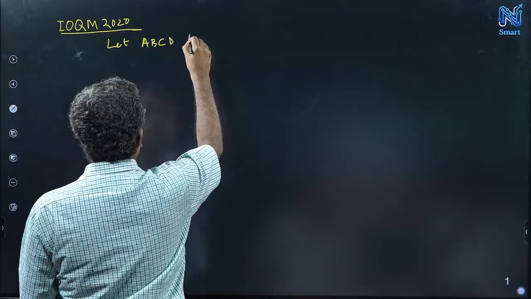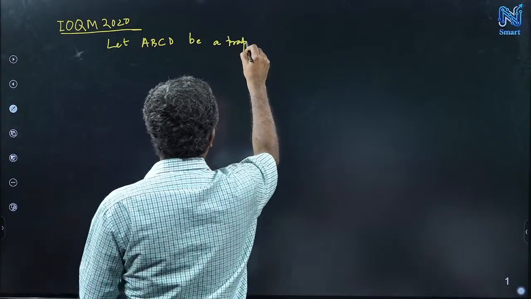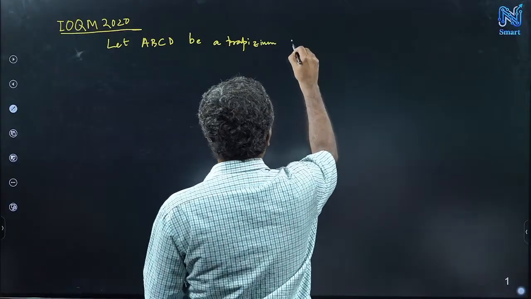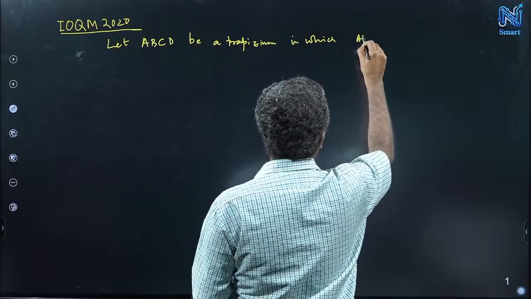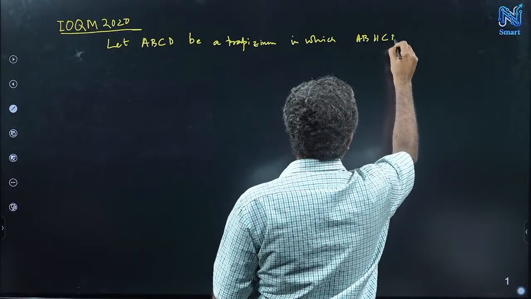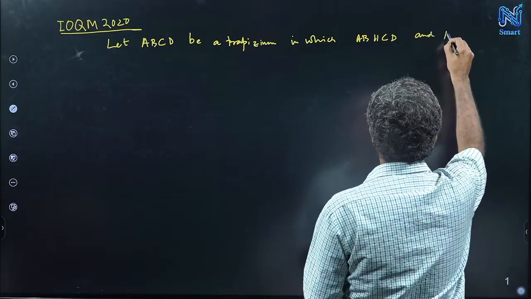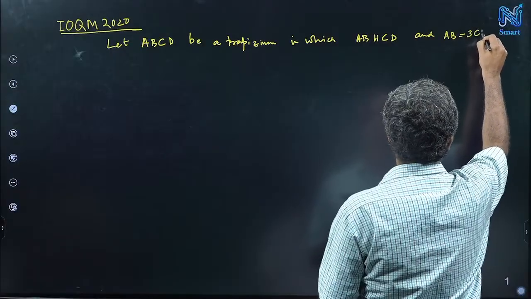ABCD be a trapezium in which AB is parallel to CD, and AB is equal to 3 times CD.